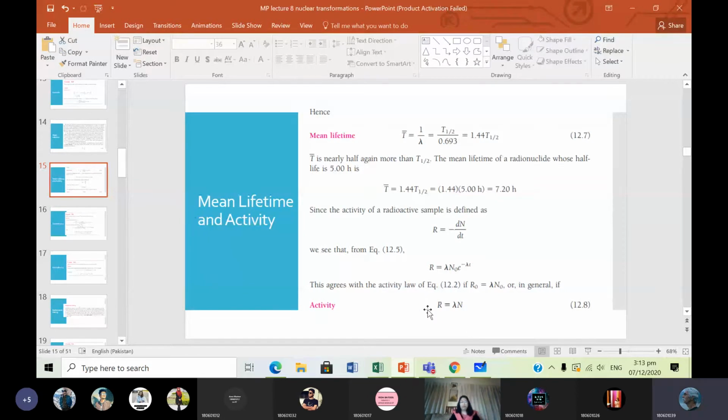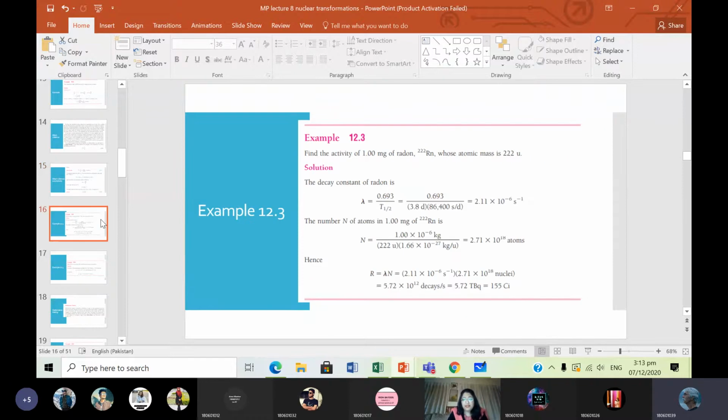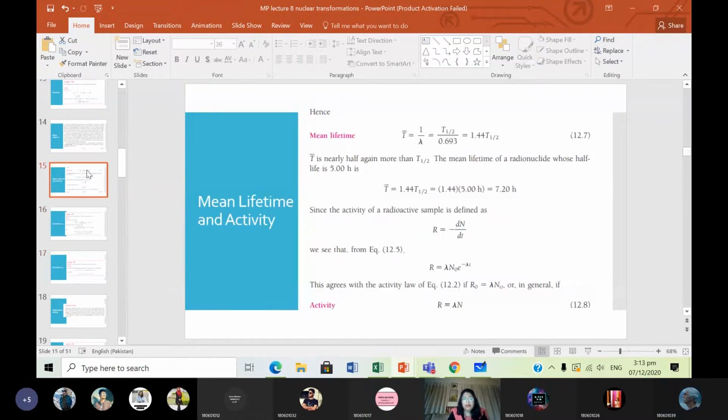The number of nuclei also follows the same formula, N equals N naught e to the exponent negative lambda t, and activity follows it in the same way. So that's why it is proportional. As you can see, lambda is a proportionality constant: R is proportional to N, with the decay constant lambda as the proportionality constant here. Okay, ma'am. Thank you.